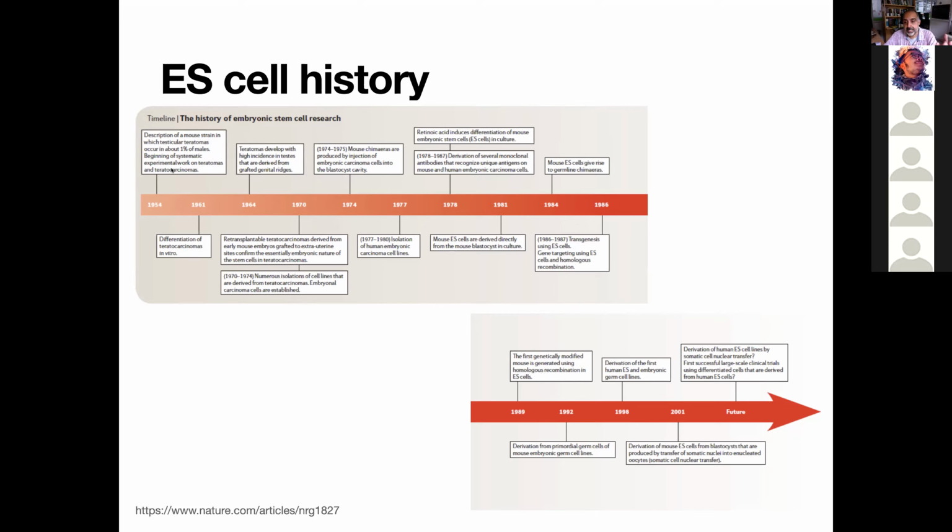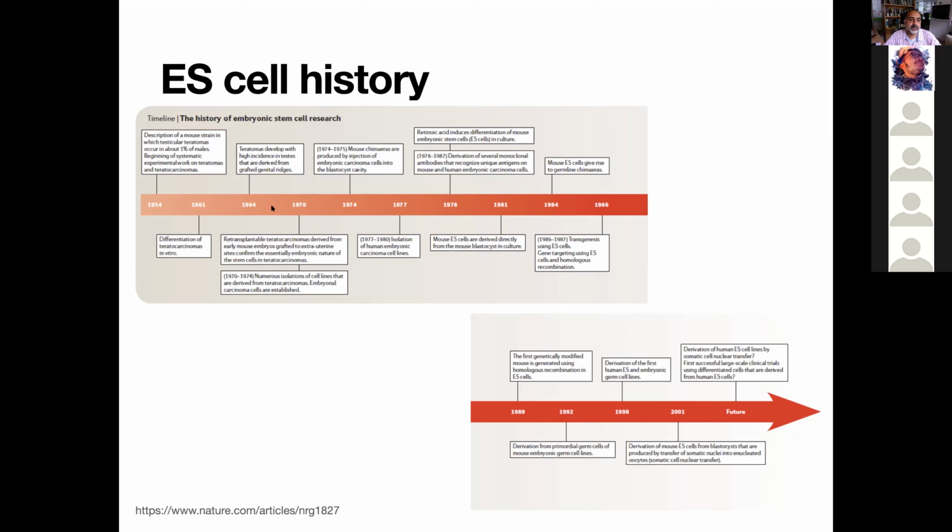And so the idea that this tumor could give rise to many different cell types started this concept that you could get pluripotent cells generated experimentally. These testicular teratomas were taken and cultured. You were able to differentiate them in vitro as well, which was very nice. So experiments could be done on these teratocarcinoma cultured cells.